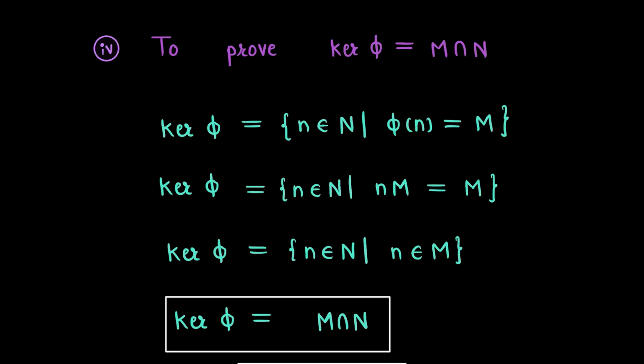So in the next step, we can write this set as kernel phi is the set of all those elements n in subgroup N such that nM is same as M, since phi of n is nM.